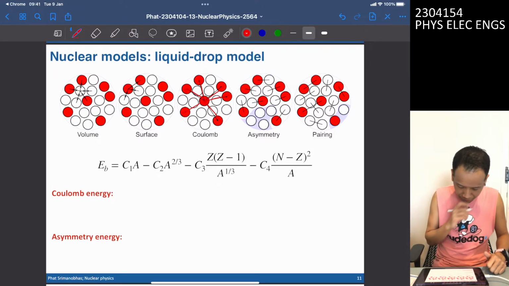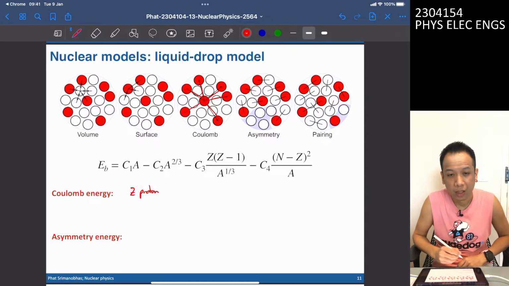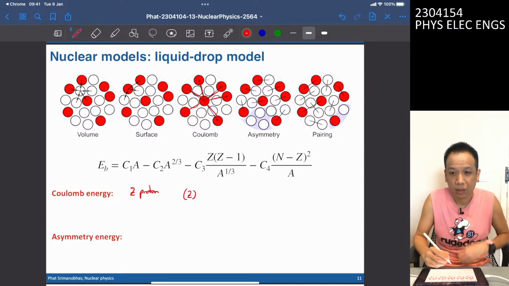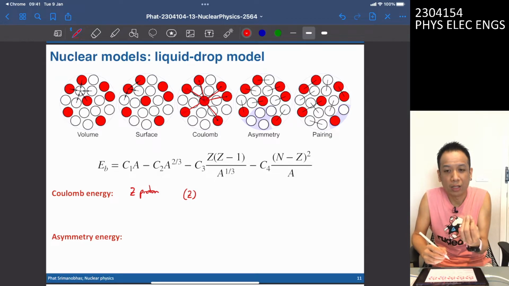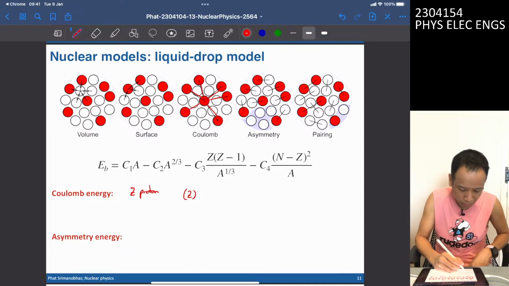So if the nucleus has Z protons, how many pairs can it create to make the repulsive force? You start with Z protons, but a proton cannot have repulsion with itself. So if you have one proton and another proton, you create one force.